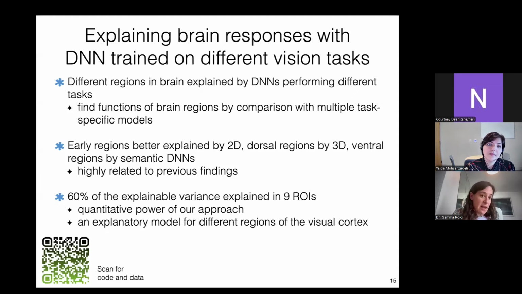And this method also has a high explainable variance, at least in 9 of the ROIs that we analyzed. So it has a quantitative power that is quite remarkable. Okay. And by the way, we have the code and the data. So if you would like to use parts of it or revalidate our results, it's all there.